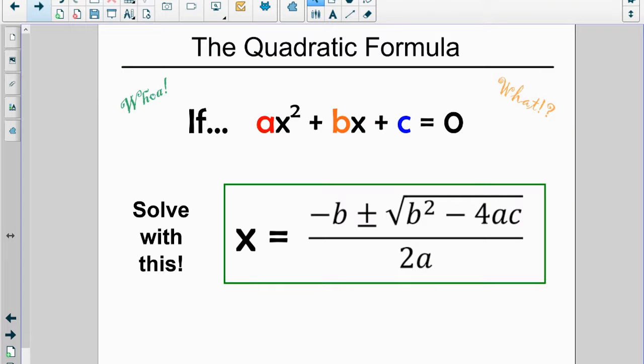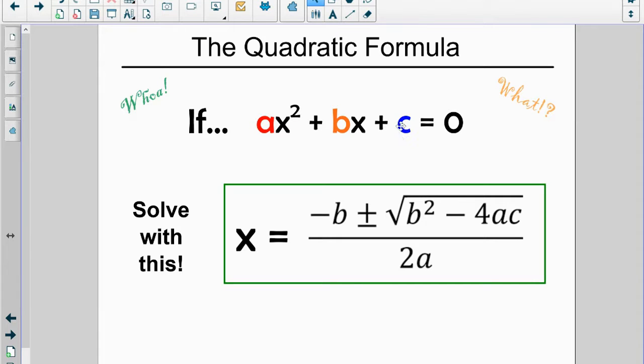So first of all, with the quadratic formula, it's important to make sure that the equation that you're working with is written in standard form, just like we see here in the middle of the screen. We need to have the equation in standard form so that we can identify the value of a, which will be the coefficient of x squared. The value of b is the coefficient of the x term.